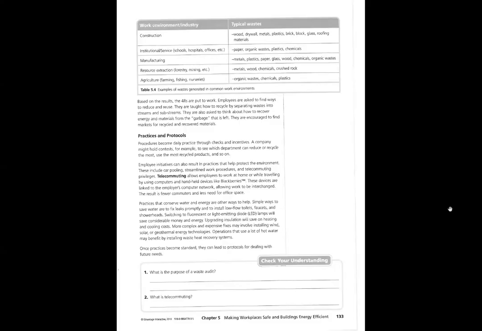Resource extraction from forestry and mining. There's metal waste. If you're mining a certain element, I should say, a certain mineral, that's a better word, and you have leftovers from that, crushed rock, other metals, those could be repurposed. If the crushed rock is just a waste product at the mine, it could be used for driveways and construction sites and those types of things.